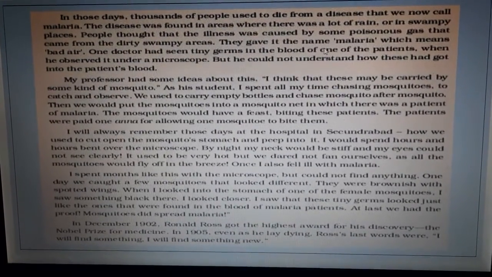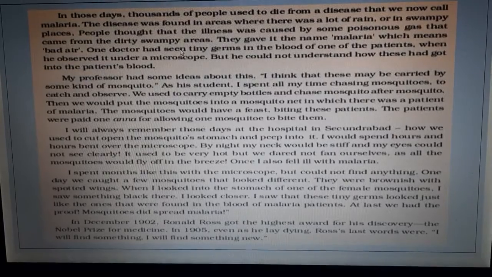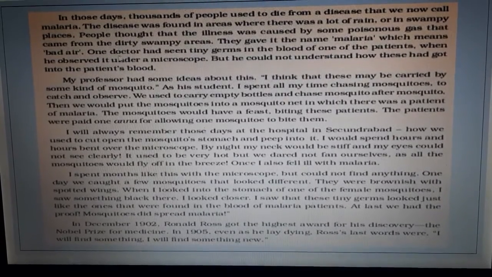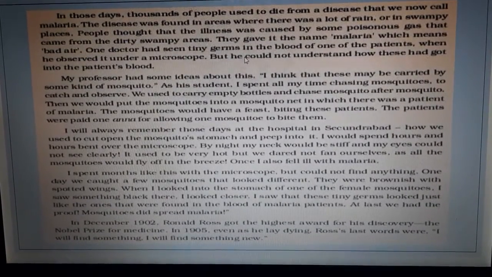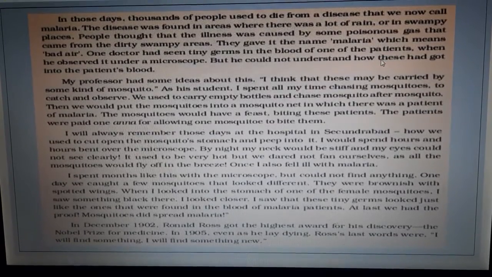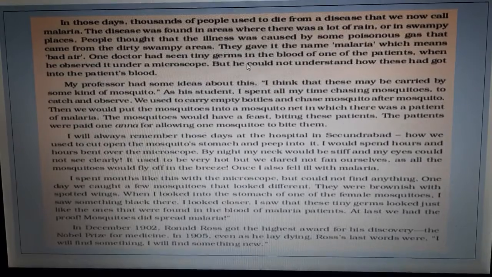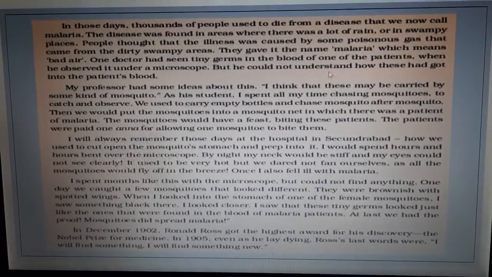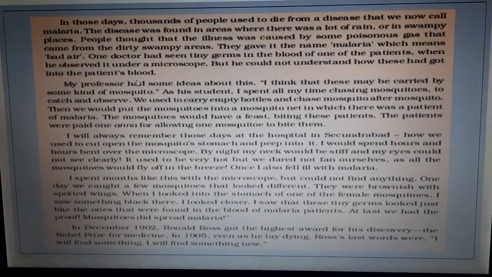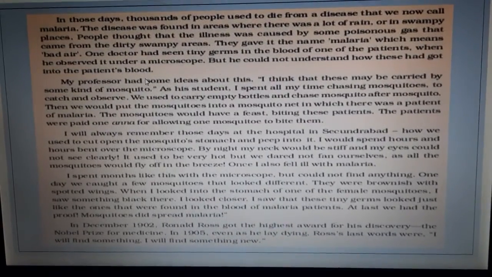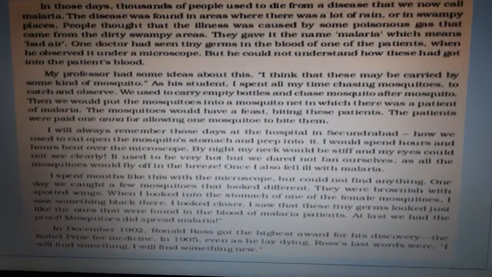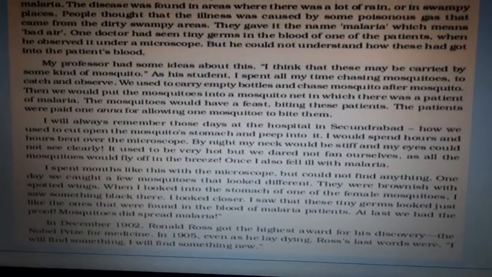They gave it the name malaria, which means bad air. One doctor had seen tiny germs in the blood of one of the patients when he observed it under a microscope, but he could not understand how these had got into the patient's blood. So it was sort of a mystery how malaria was spreading in the patients.